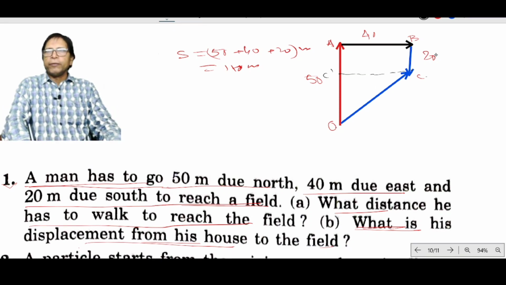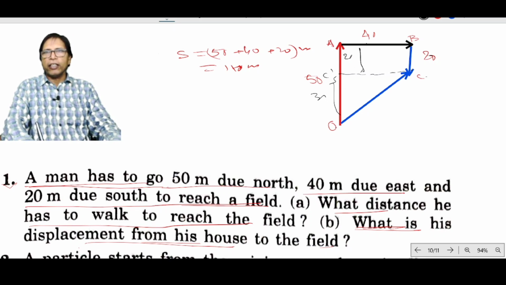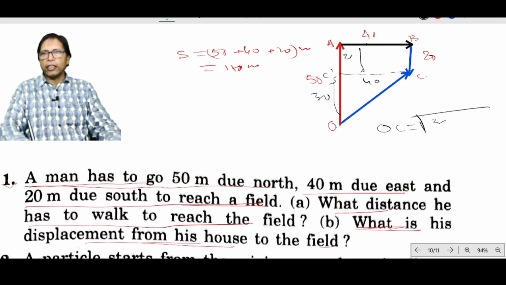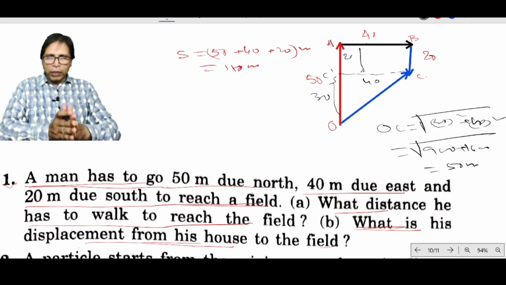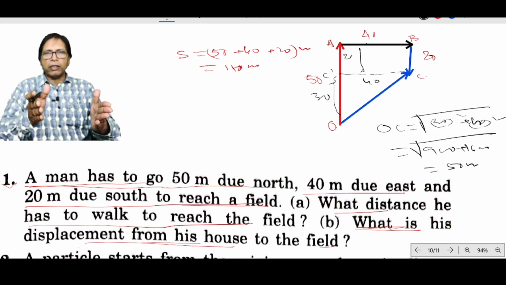This is 20, so this is also 20. So this is 30, this is 40. Therefore, displacement OC equals root under 30 square plus 40 square, which is root under 900 plus 1600. So 50 meter is the displacement of the person.